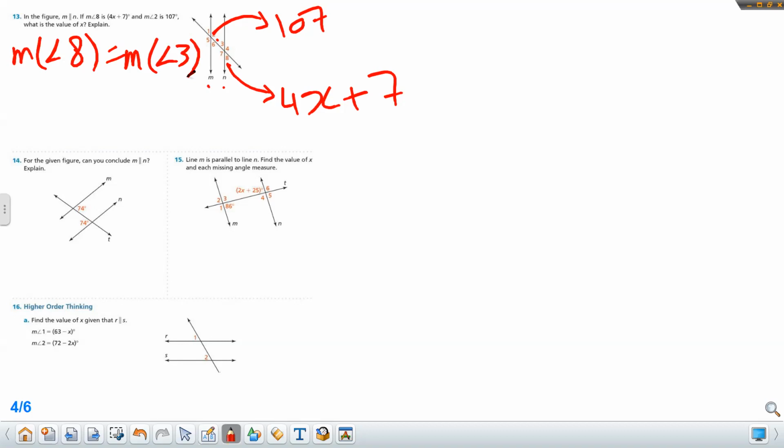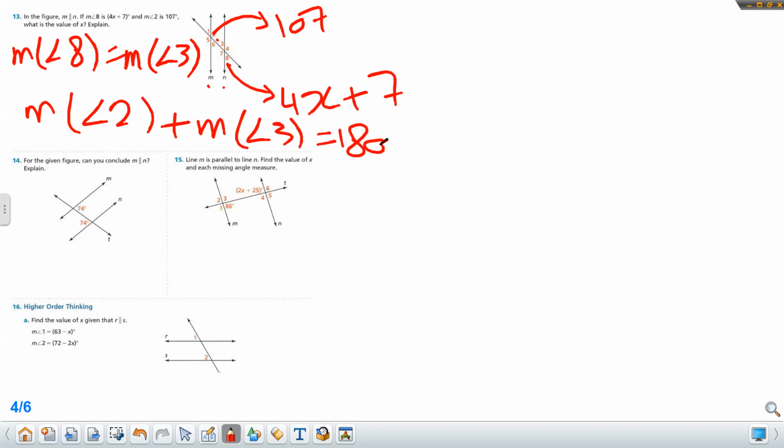And the relation between 3 and 2? The relation between 3 and 2 is same side interior angles, so they are supplementary angles. Then measure of angle 2 plus measure of angle 3 equals 180.